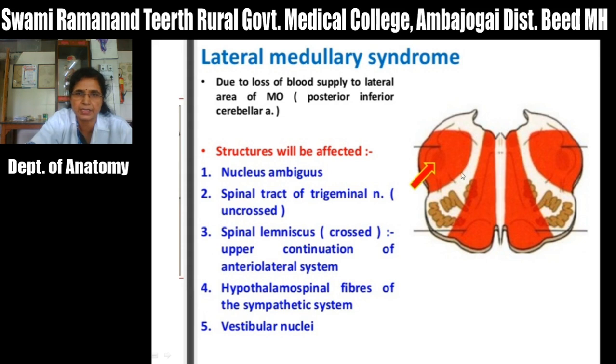The nucleus ambiguus, which is present deep in the posterolateral part. Then the spinal tract of the trigeminal nerve, which is uncrossed. Then the spinal lemniscus, which is the continuation of the anterior and lateral spinothalamic tracts, present in the lateral part of the medulla.